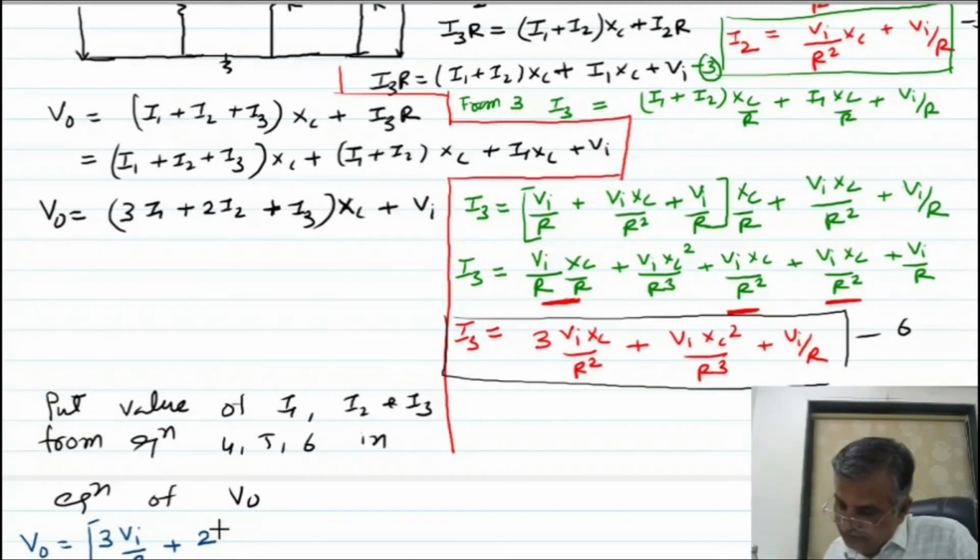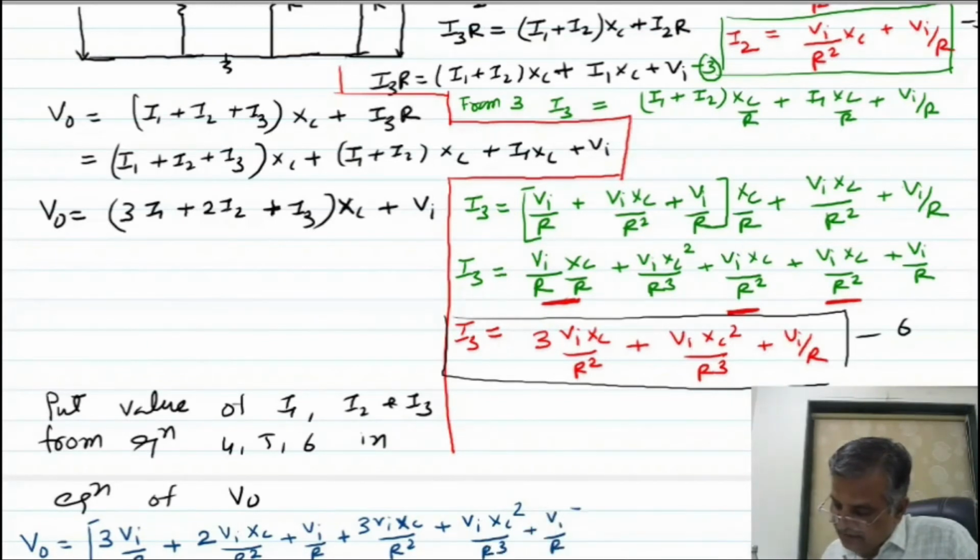I2 is nothing but 2 Vi Xc by R square plus Vi by R, plus I3. What is I3? 3 Vi Xc by R square plus Vi Xc square by R cube plus Vi by R, plus Vi. I think you understand.